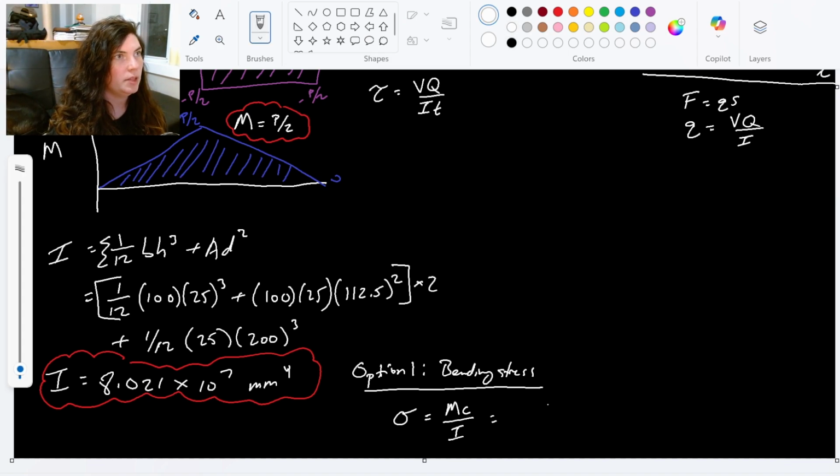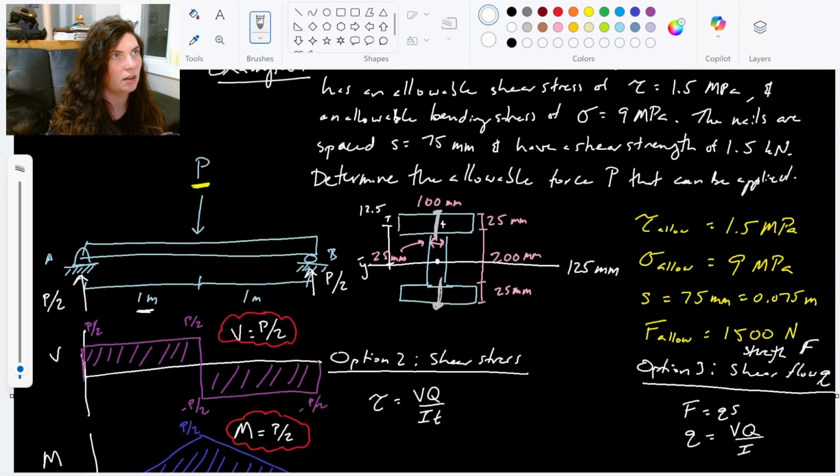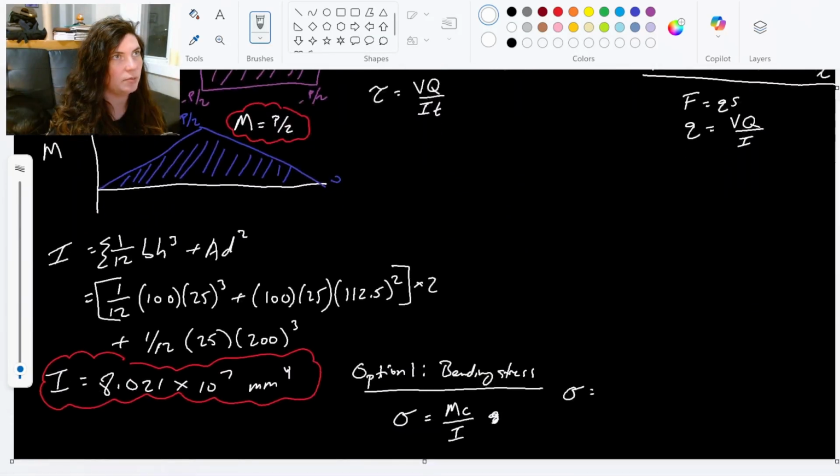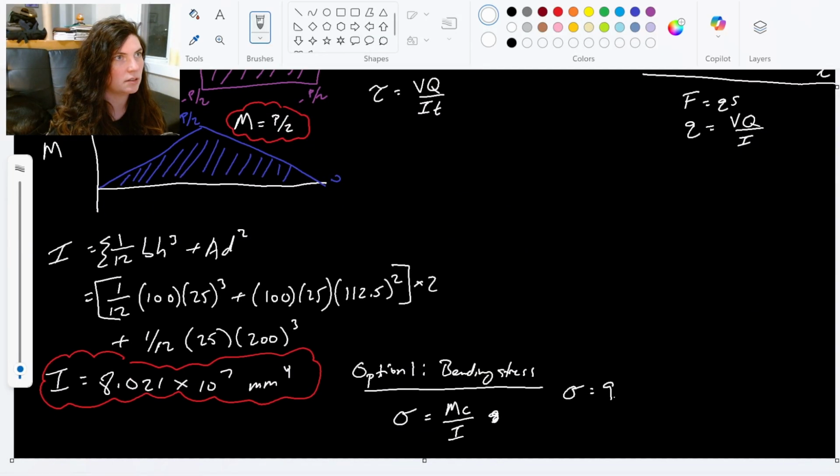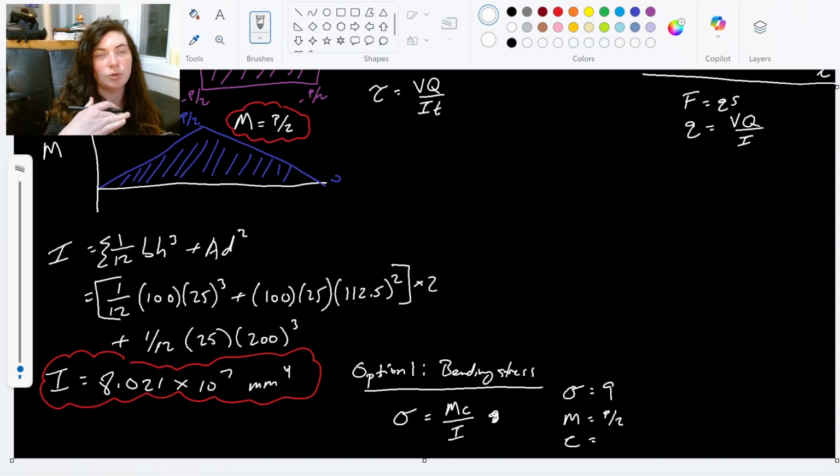We have the allowable bending stress of, what was it, 9 megapascals. Moment is P over 2. I, we found I, it's over there. And then our C value, right? C value is the distance from the centroid to the outer edge. And we know that distance is 125.